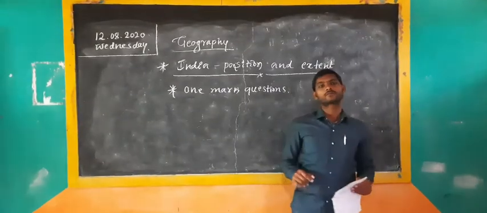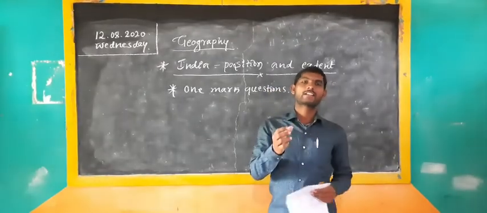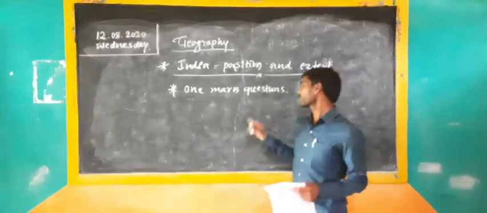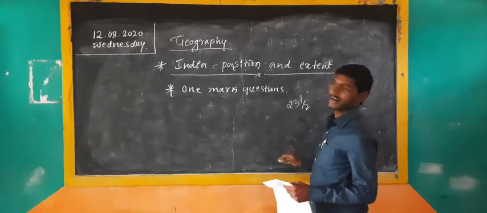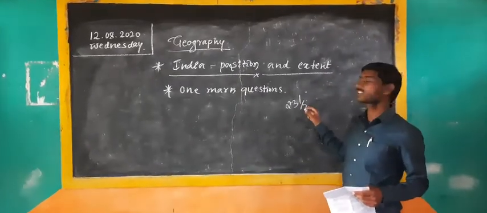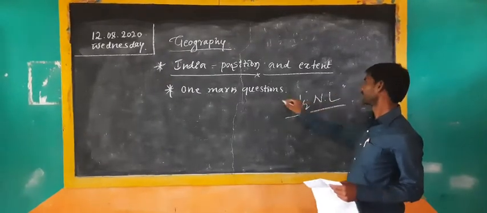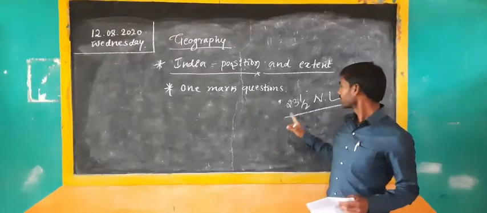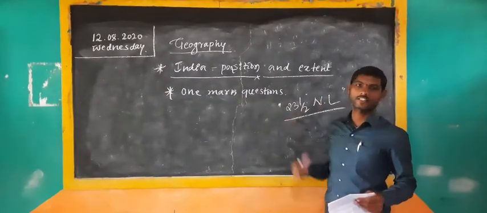Question number 4, write the geographical name of 23.5 degree north latitude line. This is the fourth question.